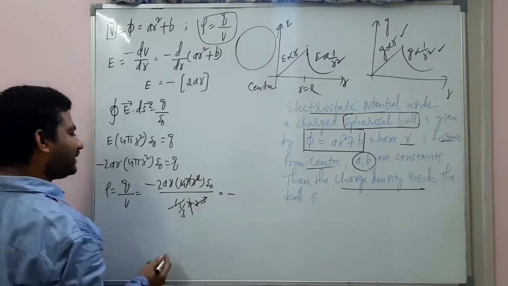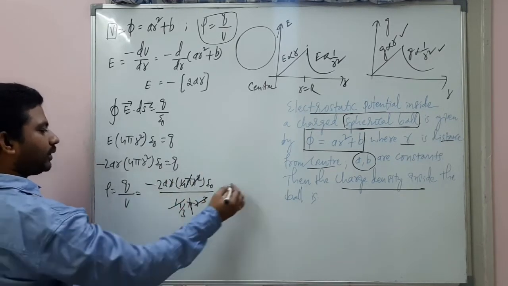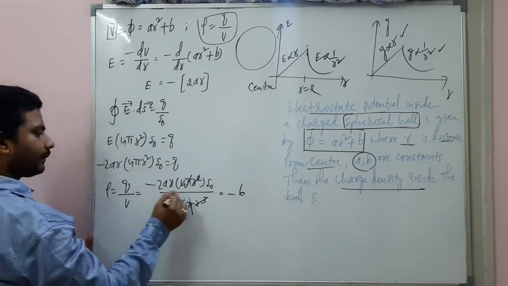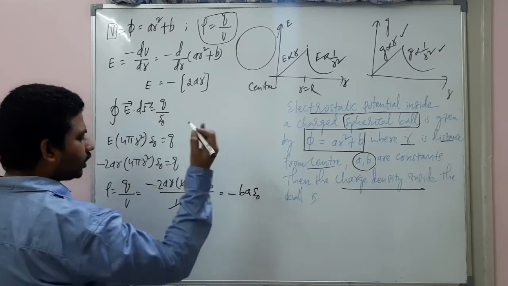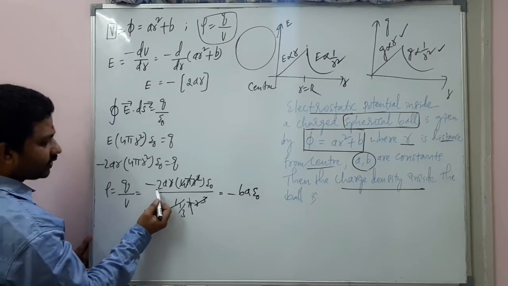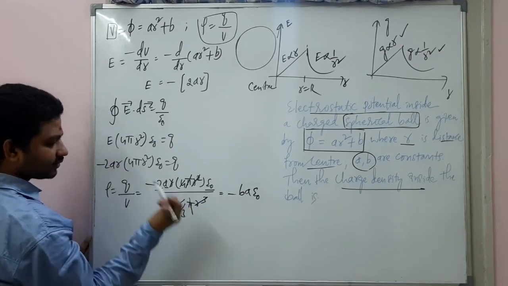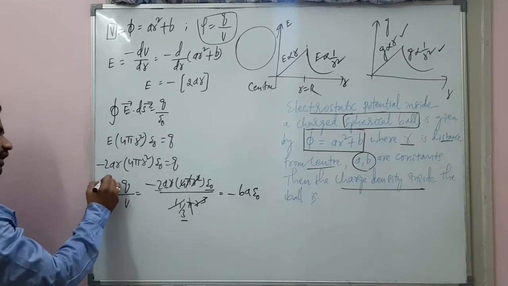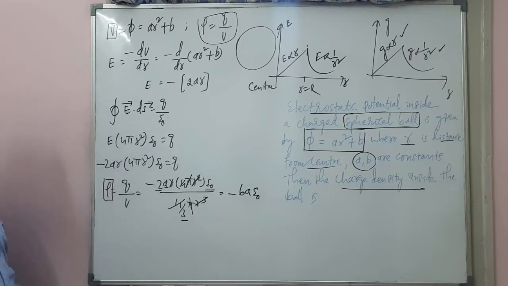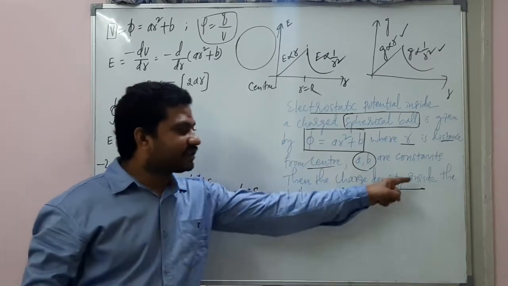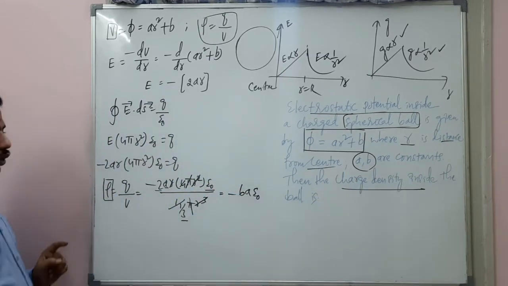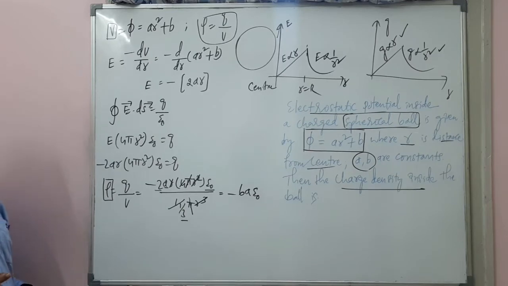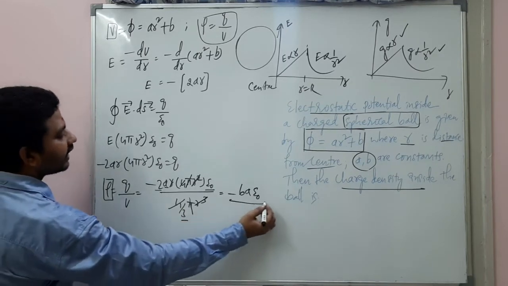Here it is minus, and this 3 goes to the numerator, so it will be minus 6A epsilon naught. Nothing is left. So this is the value of rho, the charge density inside the ball, which is exactly called volume charge density. So this is the answer.